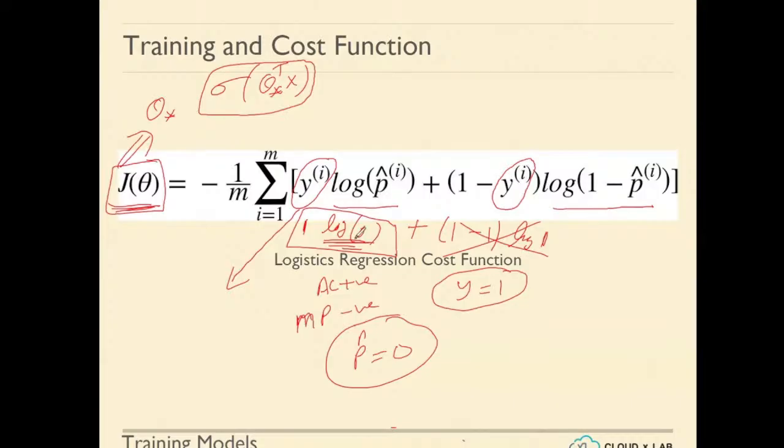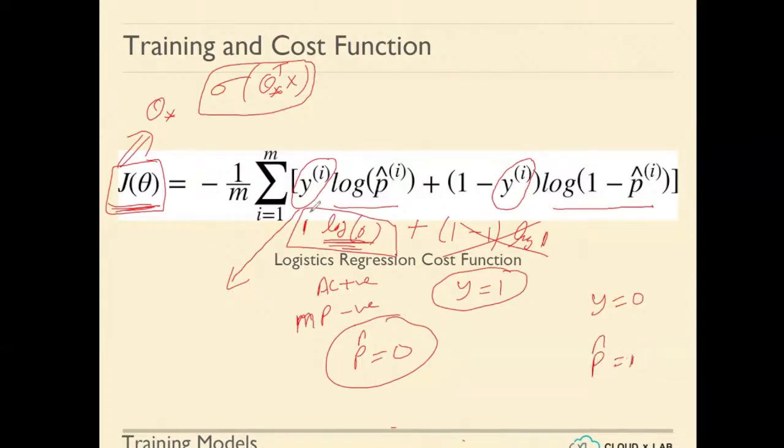Now, let's discuss the other case, the other side. Let's say actually the input belongs to the negative class, which means y is equal to 0, which means ground truth is 0. The input belongs to the negative class, but the model is saying the opposite. With very high confidence, the model is saying positive class, which means p hat is 1.